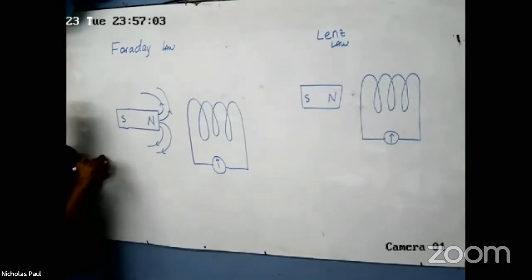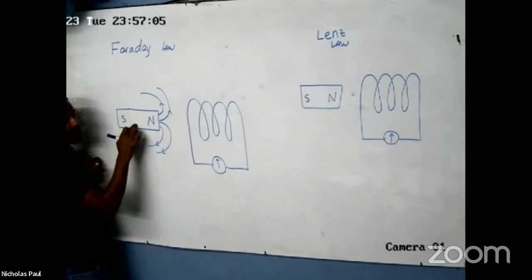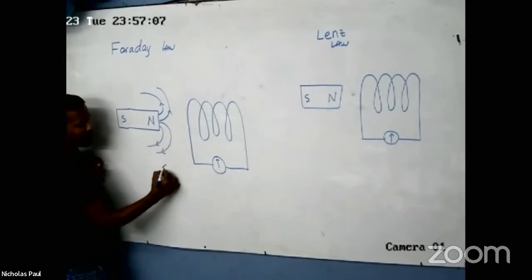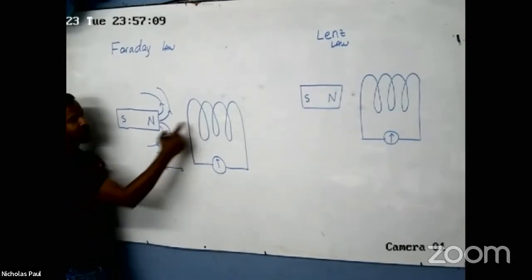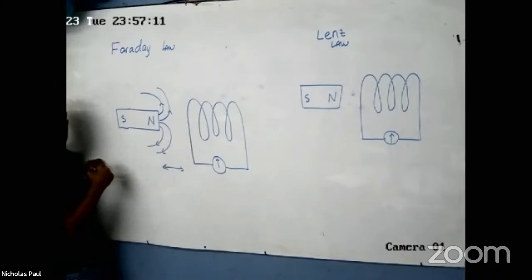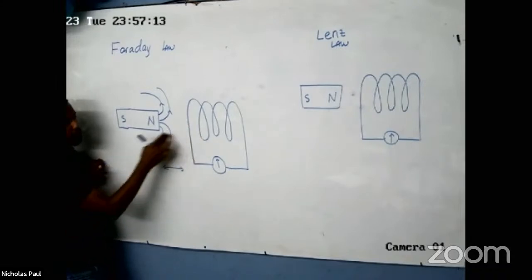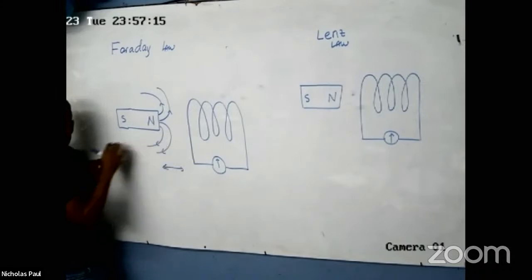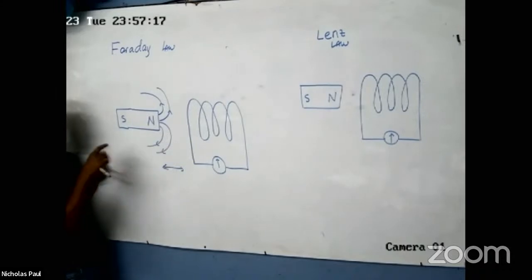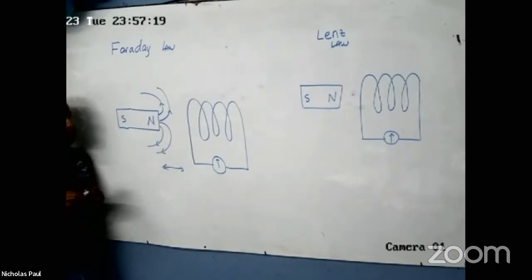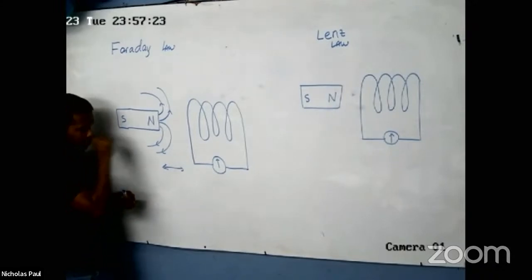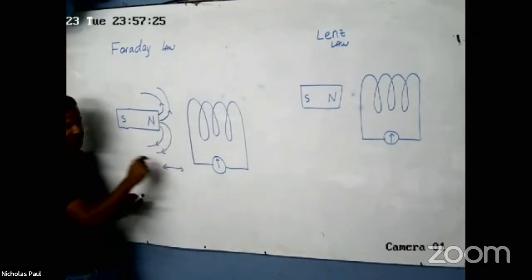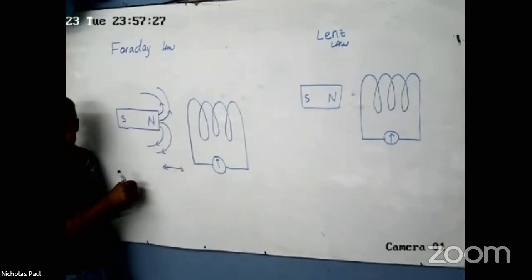So this magnet, if I were to move this magnet in and out of this conductor, what will happen? This conductor will cut these field lines, right? And as we saw in the simulations, when a conductor cuts field lines, current is induced.